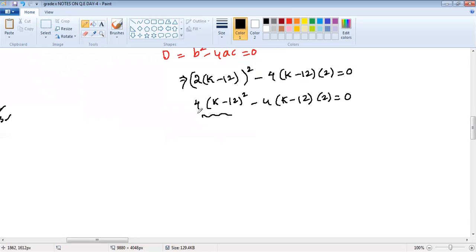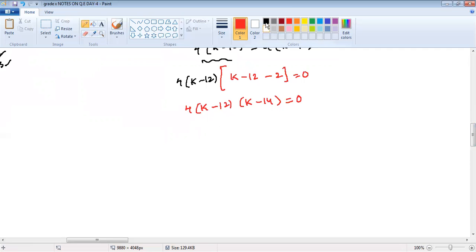But luckily, 4 into k minus 12 is common to both. When you take it out, what is left is k minus 12, then minus 2. Then you can write 4 into k minus 12 into k minus 14, which is equal to 0.